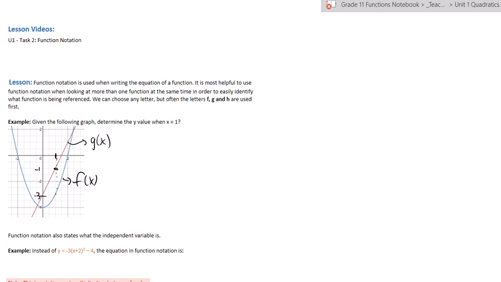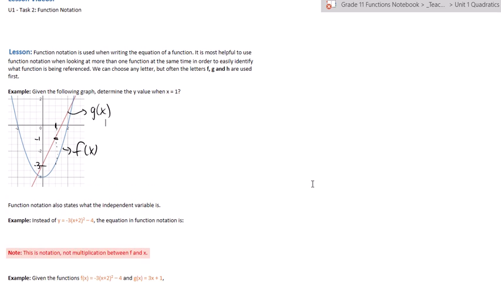So we say it's a function of x. And function notation then states what the independent variable is. Whatever variable is within the bracket here, that's your independent variable. Normally that's going to be x, and in some cases you'll see t for time, or other variables representing different contexts depending on the situation.